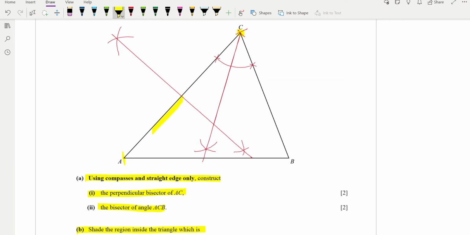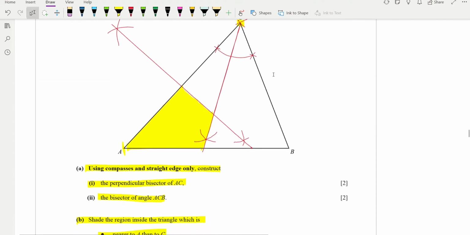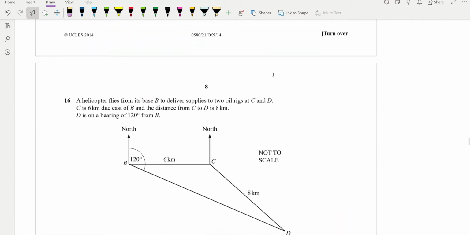That one will be this portion up to this one, and from this side up to this one, and this will be the portion which we have shaded. Hopefully you are understanding each and everything. I'm trying my best to explain properly. Arcs you will have to retain, and you will have to shade it properly inside the region only.